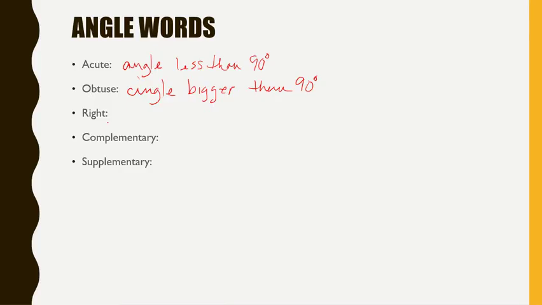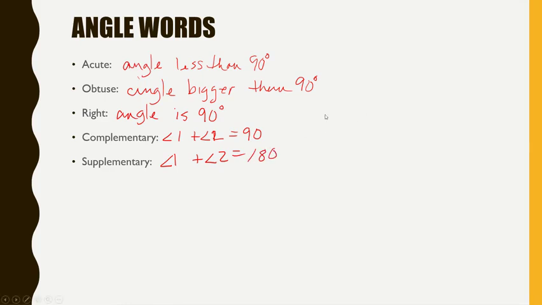A right angle is exactly 90 degrees. We talked about right triangles when we worked with trigonometry. Complementary angles are two angles that add up to 90 degrees. Supplementary angles are two angles that add up to 180 degrees.